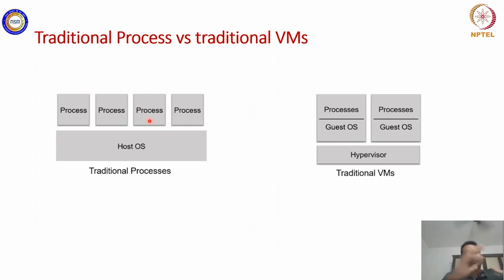So this is one extreme, and at the other end of the spectrum are the traditional virtual machines that we have seen. The hypervisor will be there, and on top of that we will have virtual machines with guest OS 1 and guest OS 2, and on top of each guest OS you will have several processes running.